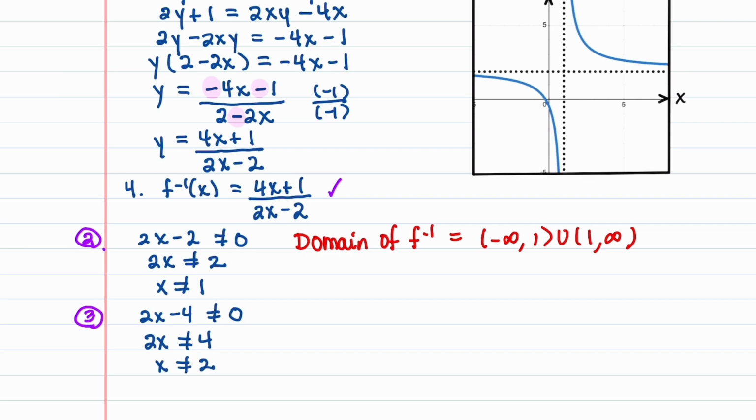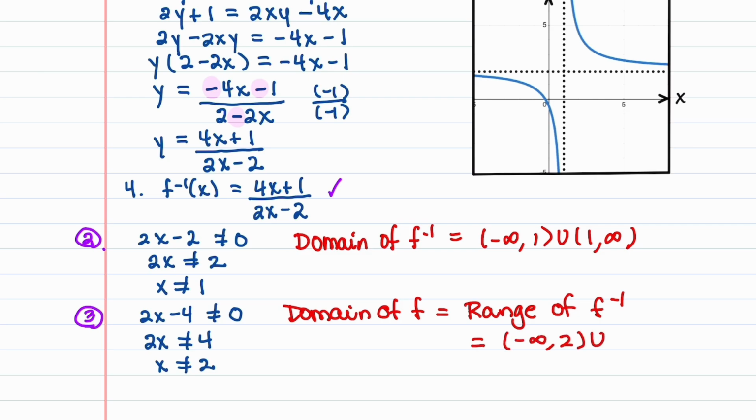So we can say that our domain of f, which is our range of f inverse, which is what we wanted to find, is equal to all points except x is equal to 2. So we can write this as minus infinity to 2, union 2 to infinity. And that's it. Long problem, but we did it.